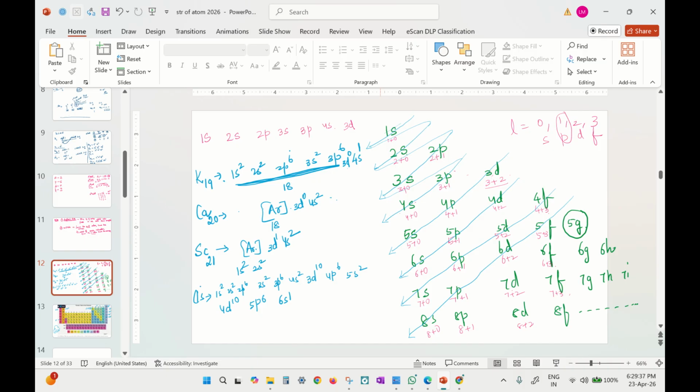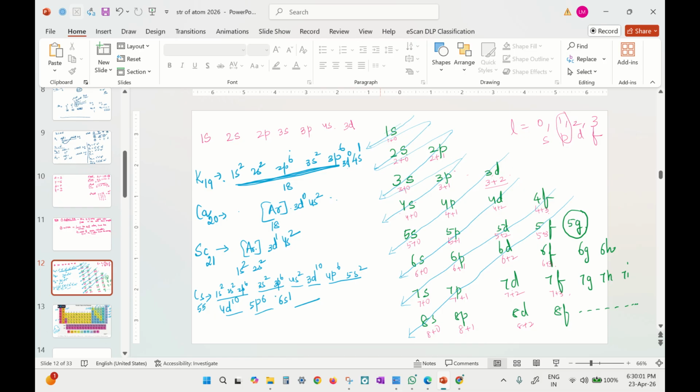That would be the configuration of cesium. How many electrons in cesium? 55. Just count whether you have 55 electrons. This is 10, 18, 28, 38, 48, 54, 55. Correct, children?